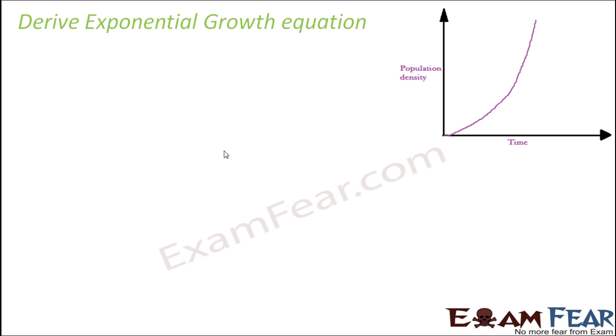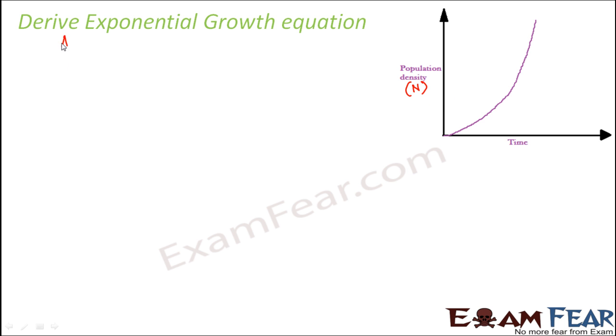Now how do we express exponential growth mathematically? That is what we will see. Since we know that the population in this case increases very fast, we are bothered about the population density, which is denoted by N. In exponential growth, the value of N will increase very fast.